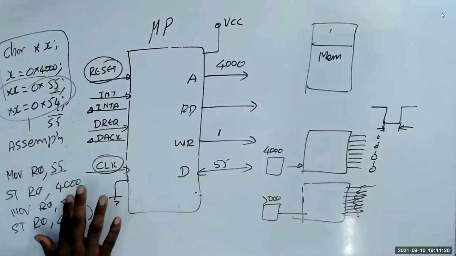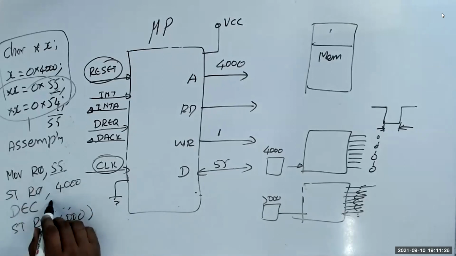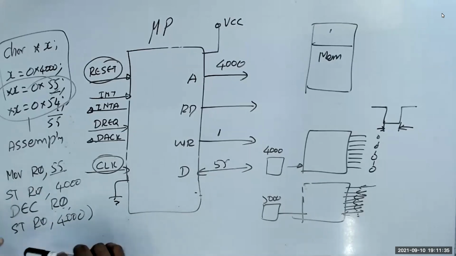For example, there's an instruction called decrement. Decrement R0 is faster than move 54 to R0. We have to know why decrement. I will discuss this in our 8085 class from Sunday.